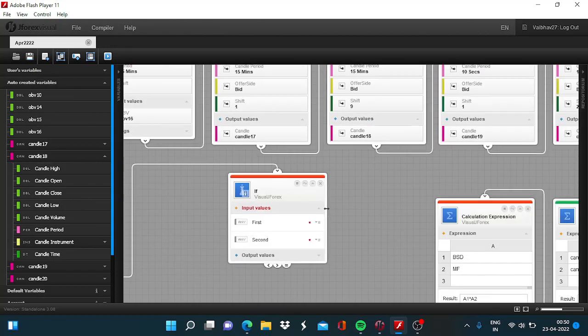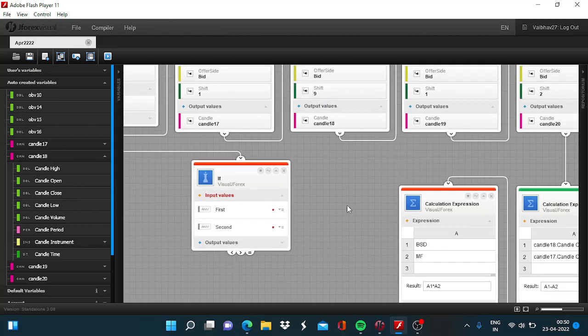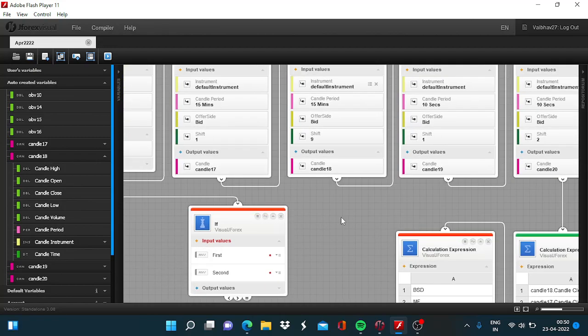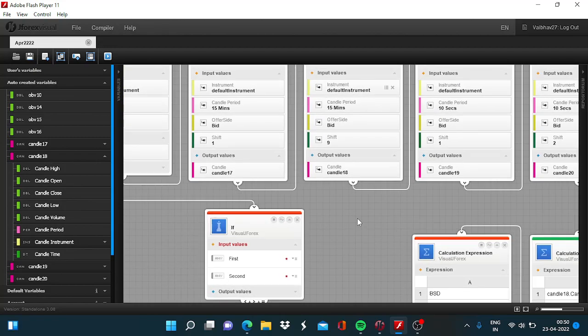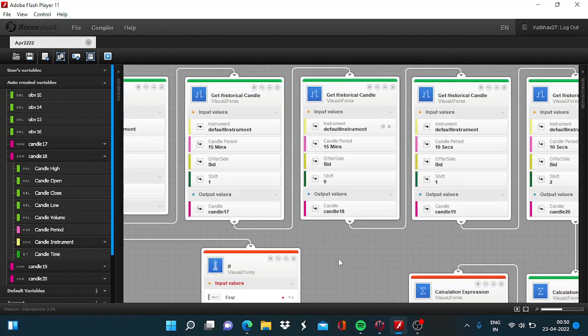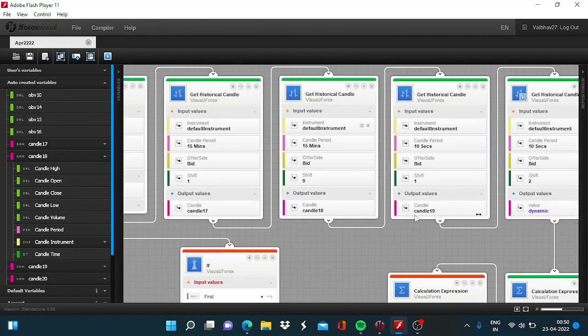Alright. Then we will place the order on the higher side as and when the price starts to rise above the last 15-minute candle close, and for that we will have to compare the closing values of candle 19 and candle 20 with the closing value of candle 17.